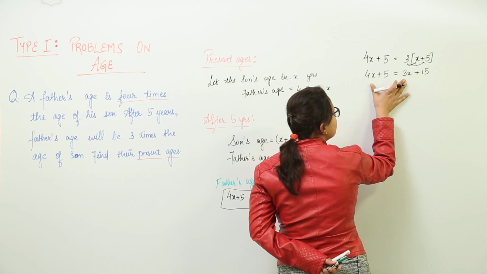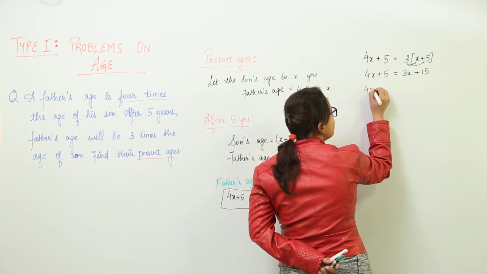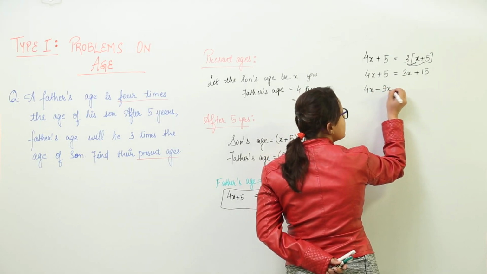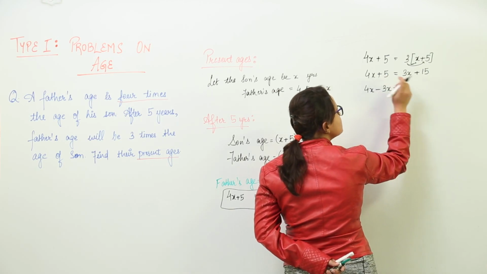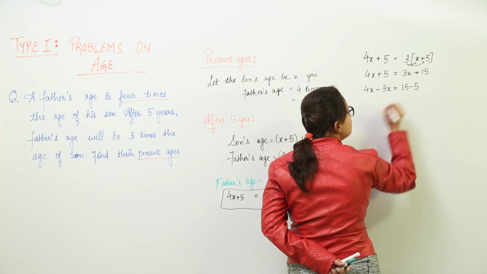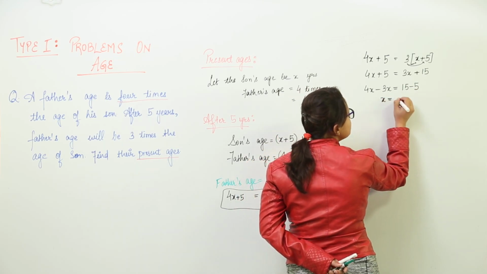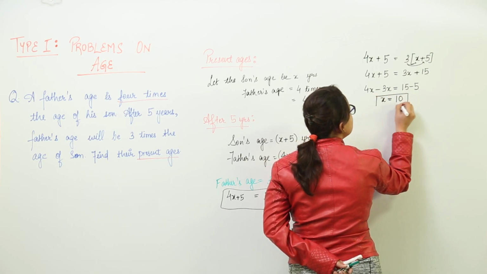Now we bring the like terms together: 3x comes to this side and becomes minus 3x, whereas 15 remains on the other side, and we transpose 5 to that side, making it minus 5. Solving this, we get x equal to 15 minus 5, which is 10. So x comes out to be 10.